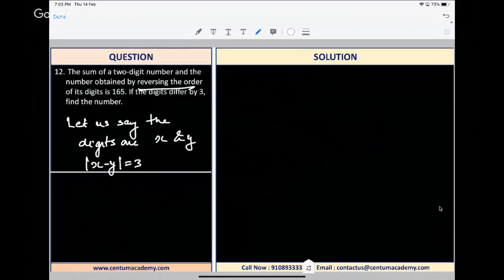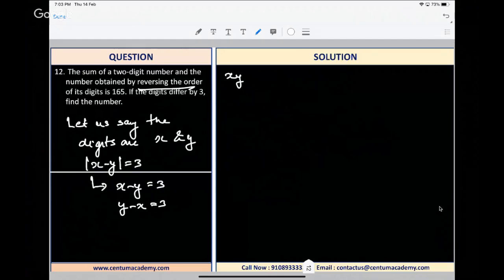Why am I using mod of x minus y? Because I don't know whether x is more or y is more. So hence, please keep in your mind that either x minus y is equal to 3 or y minus x is equal to 3. Both can be possible.